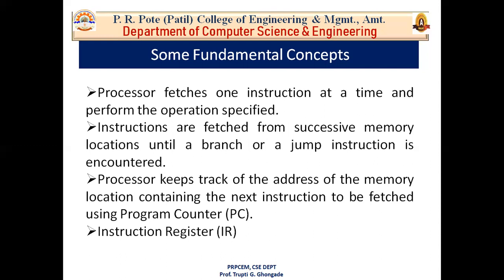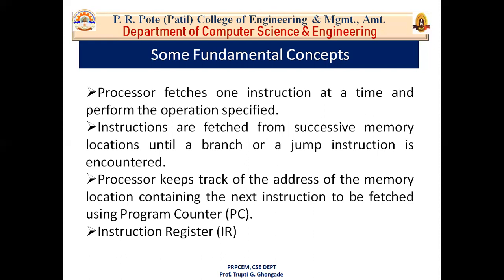The processor keeps track of the address of the memory location. Now, how does the processor keep track of the address of the memory location? By using the program counter, because the program counter contains the address of the next instruction to be fetched. After fetching an instruction, the contents of the PC are updated to point to the next instruction in the sequence.